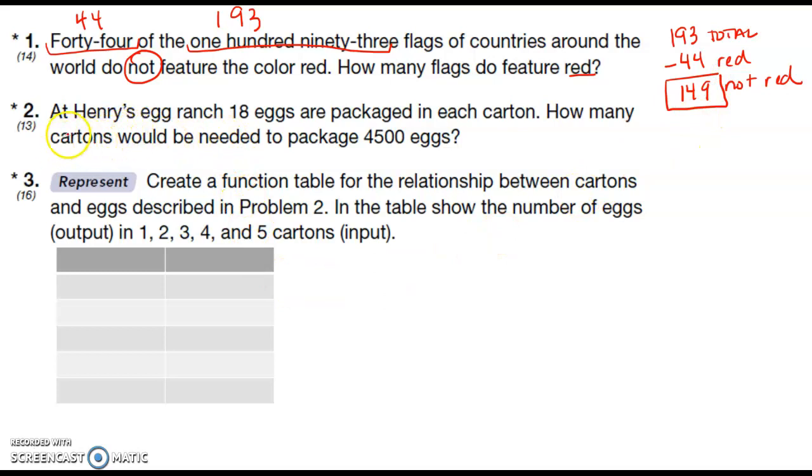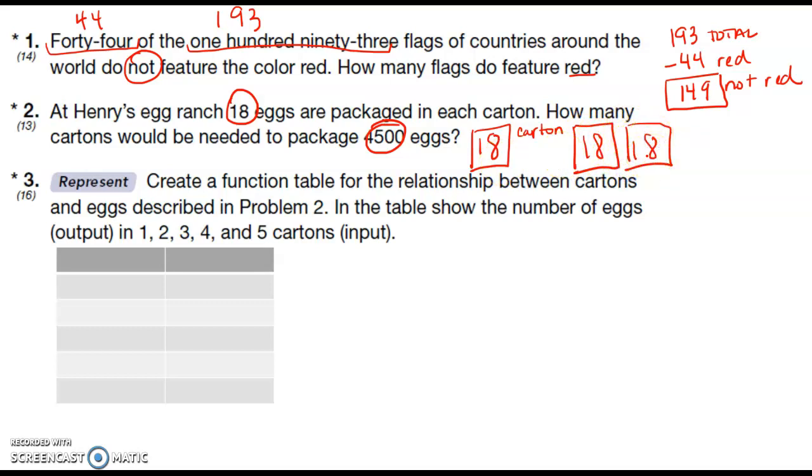All right, number 2. At Henry's Egg Ranch, 18 eggs are packaged in each carton. How many cartons would need to package 4,500 eggs? So if I have a carton, and I have 18 eggs in this carton, and then in the next one I have 18 eggs, so that's 36 eggs. So the next one I have 18 eggs.